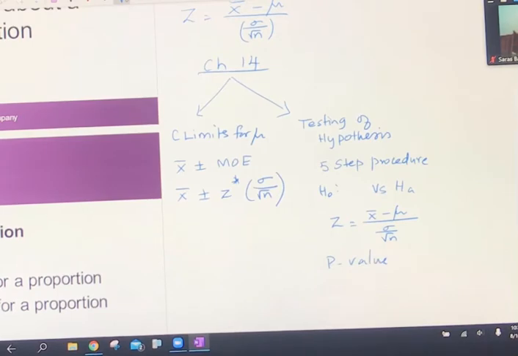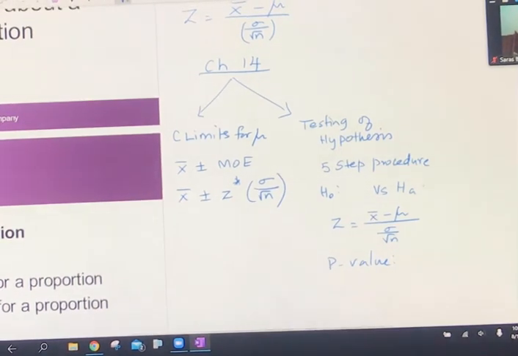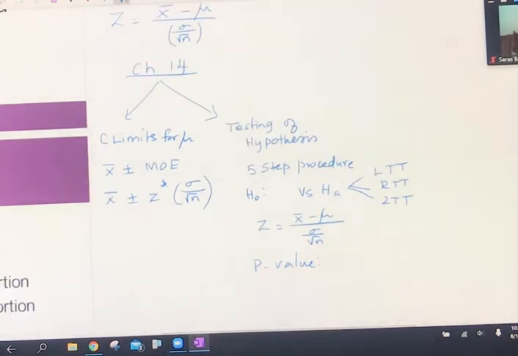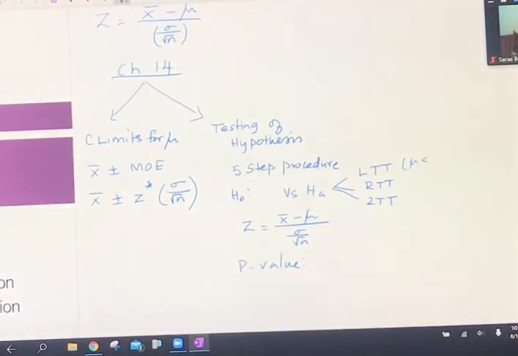For the p-value, there are going to be two things: the left tail test, right tail test, and two tail test. The left tail test is mu less than mu sub 0, the right tail test is mu greater than mu sub 0, and the two tail test is mu not equal to mu sub 0.